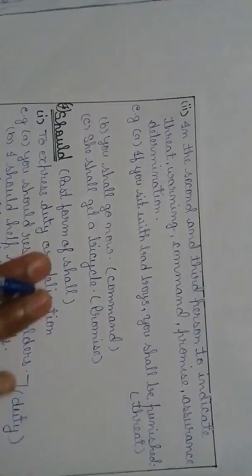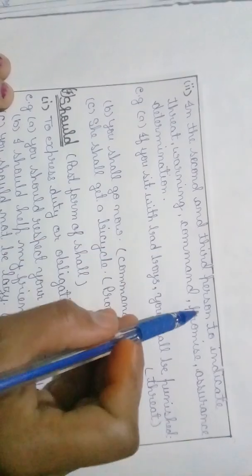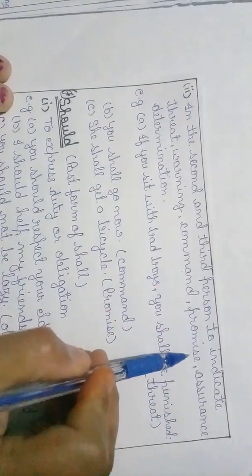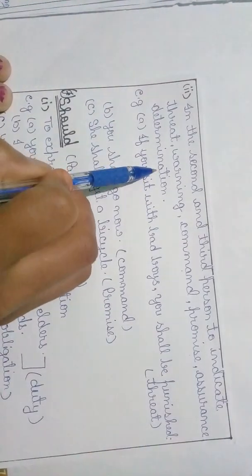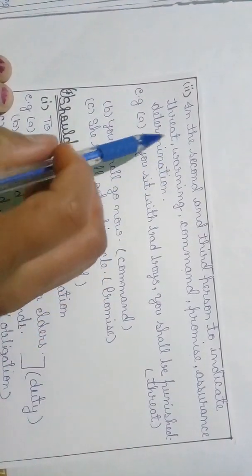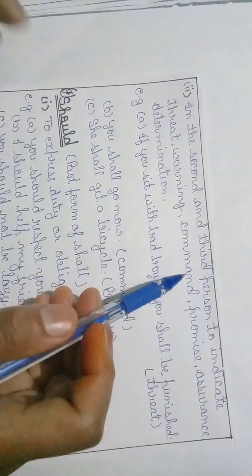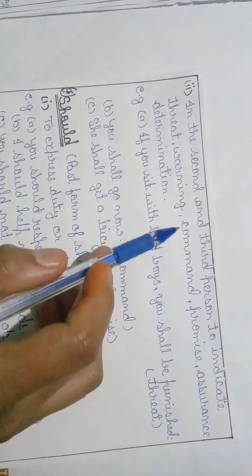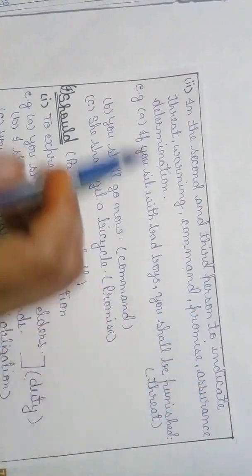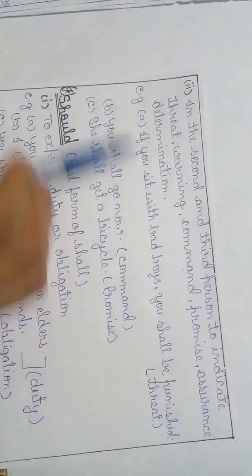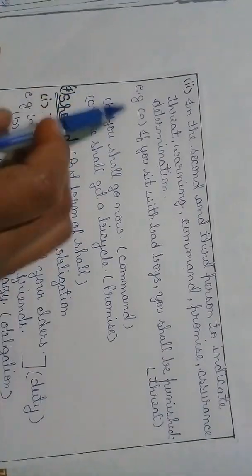Next use of shall is in the second and third person to indicate threat, warning, command, promise, assurance, determination. With the second and third person, means you, he, it, they, it shows threat, warning, command, promise, assurance, or determination.